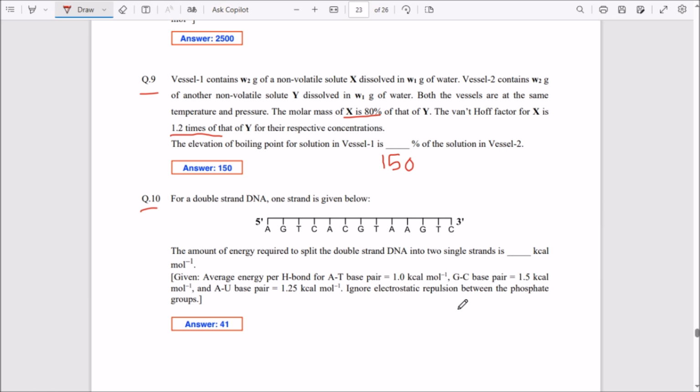Ignore electronic repulsion between the phosphate groups. Dear students, A pairs with thymine, G pairs with cytosine, T pairs with adenine, and C pairs with G. If you take all the complementary bases in line and calculate all the values using these 1.5 and 1 kilocalories for this strand, the answer is going to be 41 kilocalories.